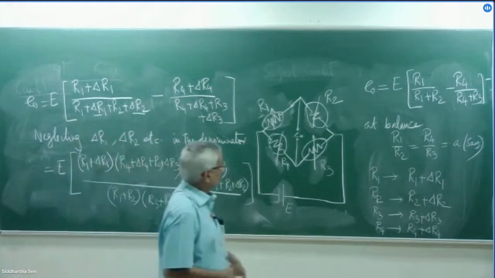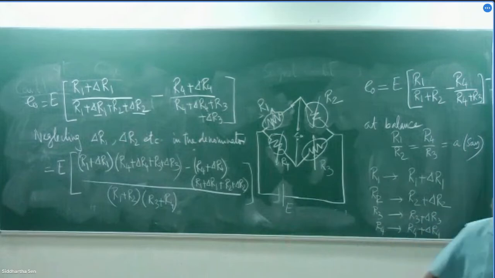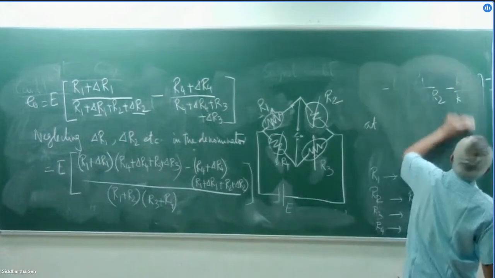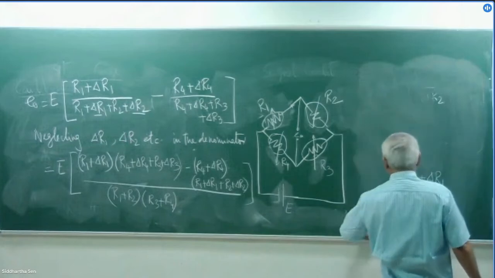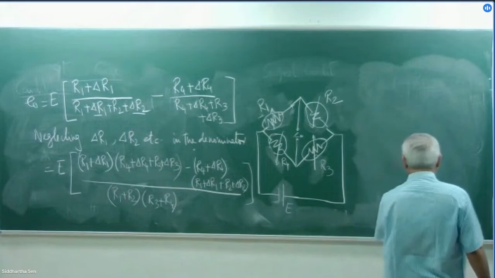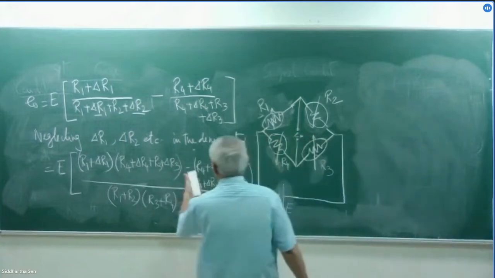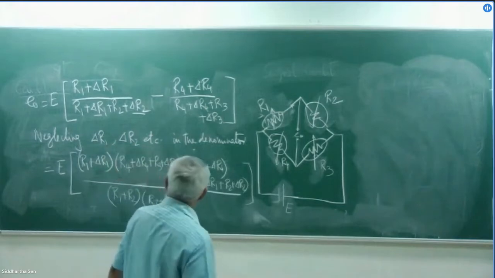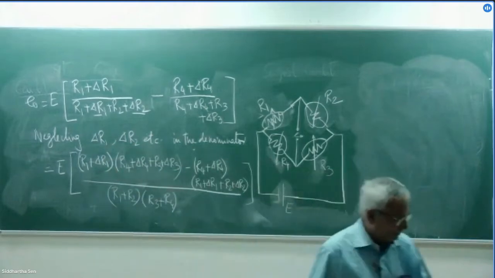So if it is so, I can expand it, because in the numerator I cannot neglect all the delta R1, delta R3 terms in this way, because there is a negative term here. So the numerator I cannot approximate in that manner.